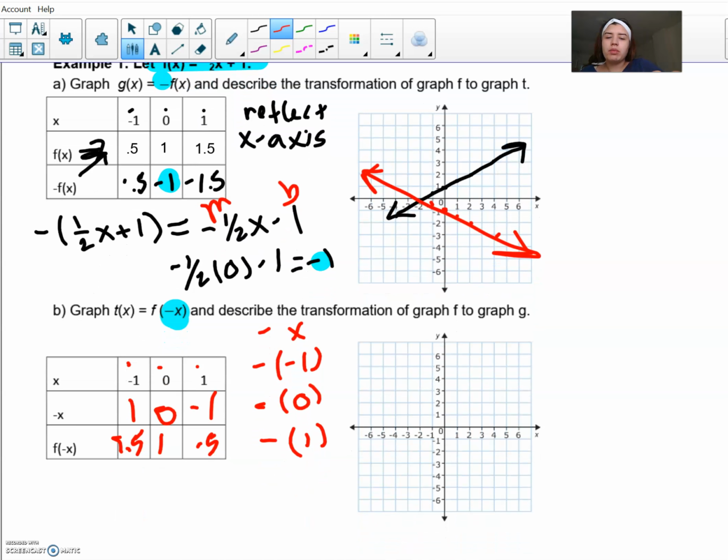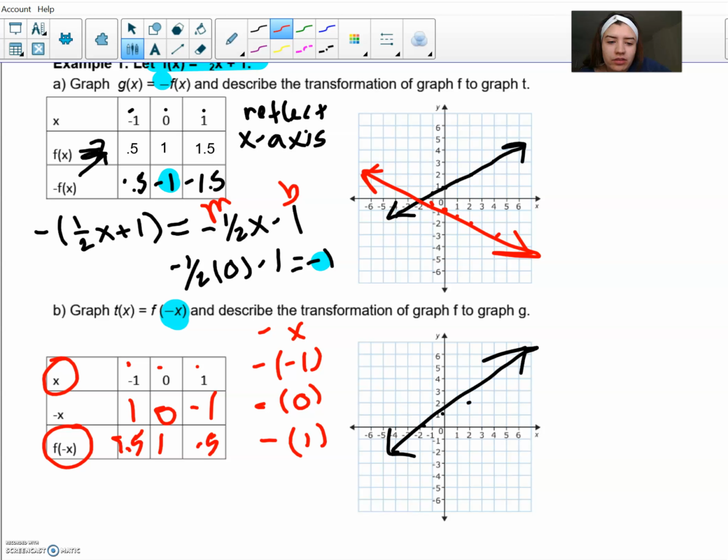Okay, now let's compare that to our parent function. Parent function was above, so we were at 1, and we went up 1, right 2, up 1, right 2, and our y-intercept was 1. And now for this one, we have to graph our x and our negative x f of x.